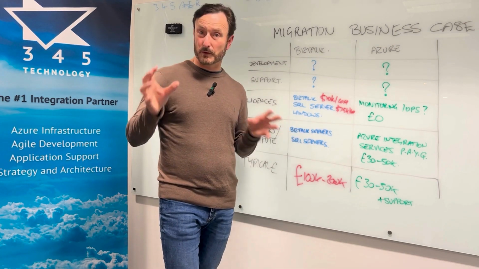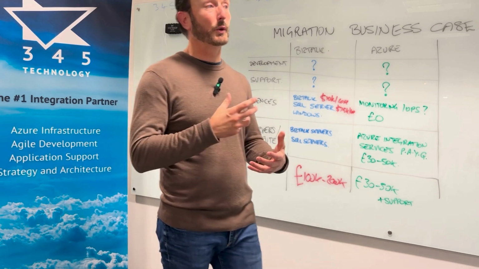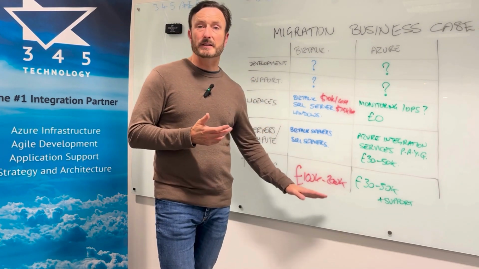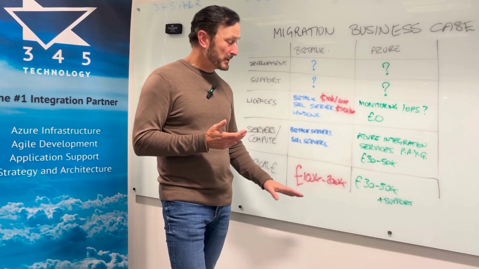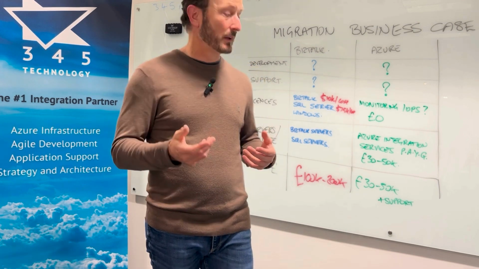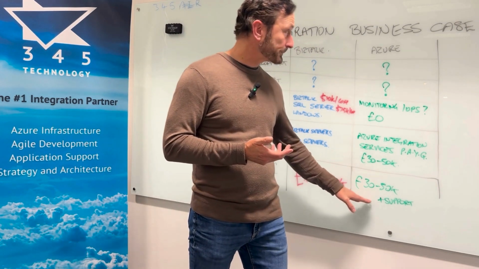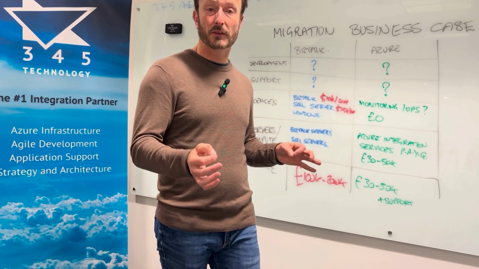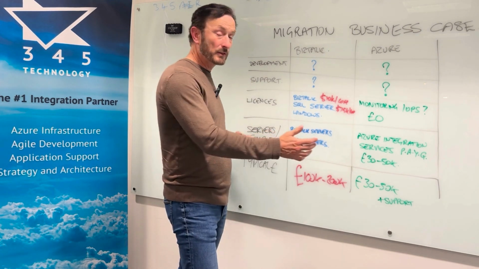So difficult to say with regard to OpEx versus CapEx, but it's very easy to have a BizTalk installation that's costing you several £100,000, and then your Azure solution can cost you tens of thousands of pounds. And so a massive difference.